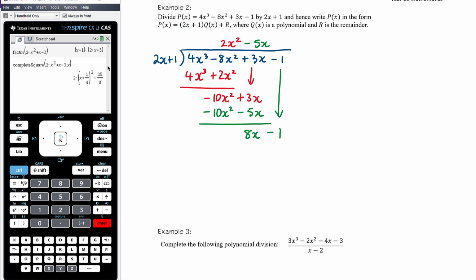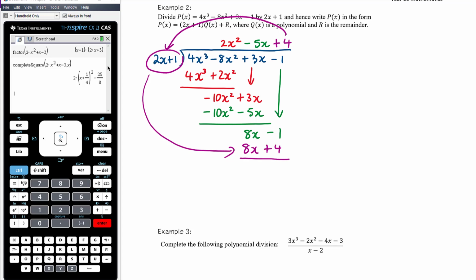Okay, what would I need to multiply 2x by to get 8x? So that's going to be plus 4, that's the next part of my quotient. Then we do 4 times 2x plus 1, and we write it down the bottom here. So we're going to get 8x, good, we know we're on the right track, and plus 4 times 1, so plus 4.